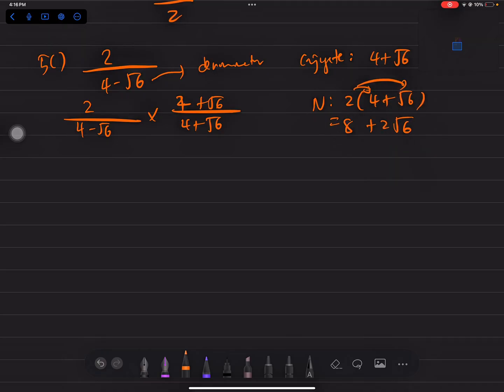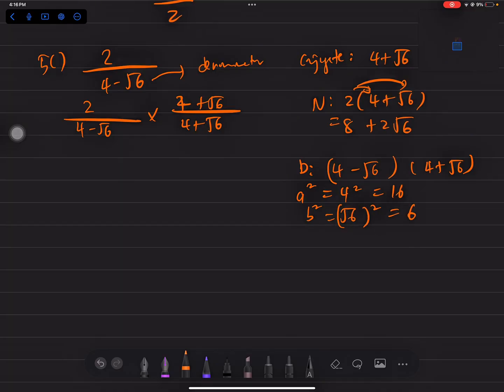Next, the denominator is a conjugate, so it is A minus B, A plus B. A squared is 4 squared, B squared is root 6 squared, which is 6. Now, A squared minus B squared is 16 minus 6, which is 10. So now I put back in the original: 8 plus 2 root 6 over 10.